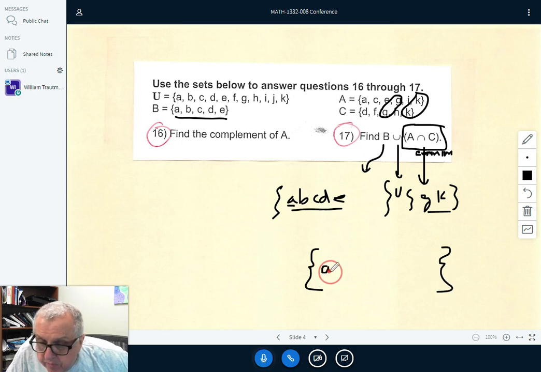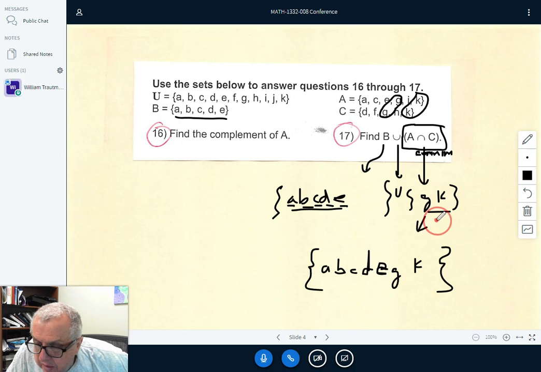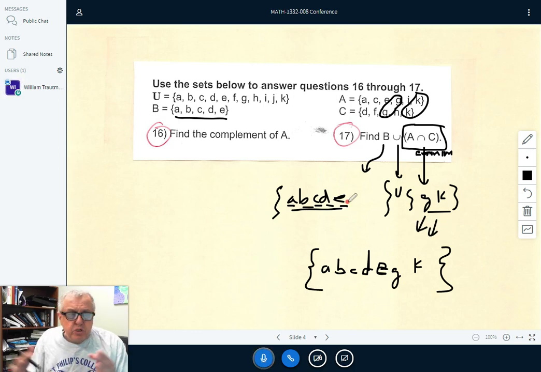There's an A, there's a B, there's a C, there's a D, there's an E, there's a G, and there's a K. Everything goes in. If there are 2, one in each, only one comes down to the new set.